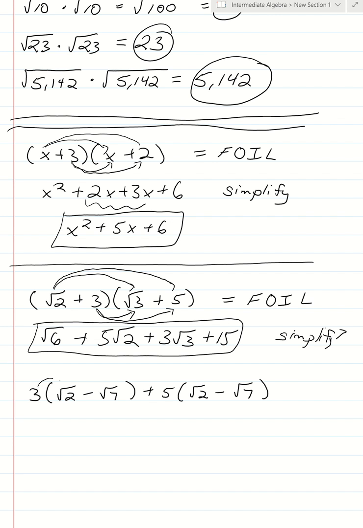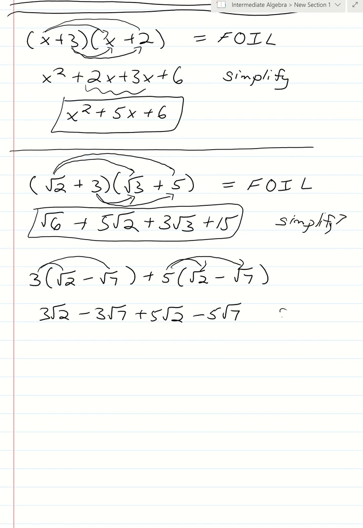Well, we're going to have to start by distributing the 3 over that binomial, and that would give us a 3 square root of 2 minus a 3 square root of 7. Then we will have to distribute the 5 on these two terms, and that would give us a plus 5 square root of 2 and a minus 5 square root of 7.